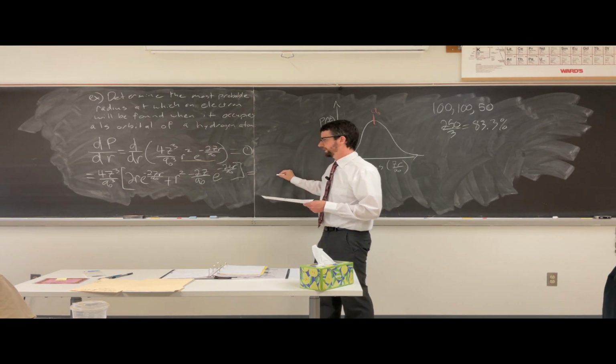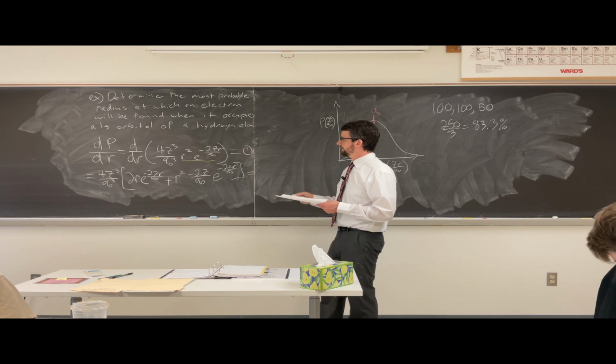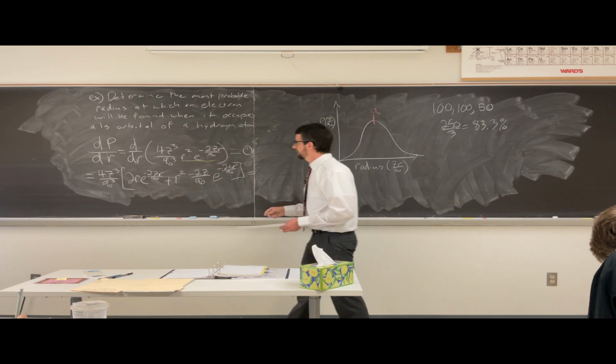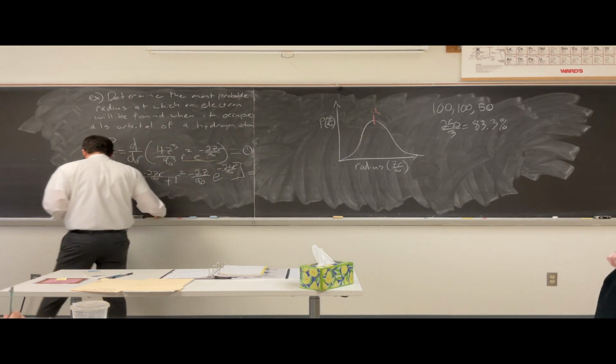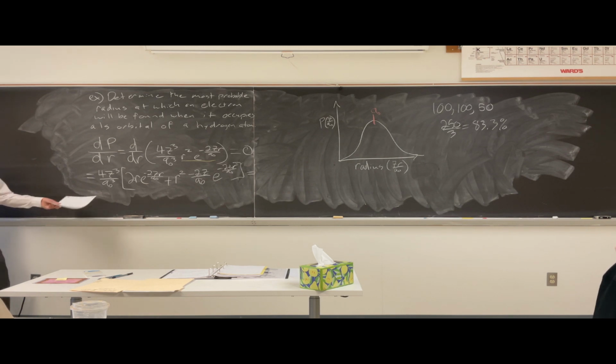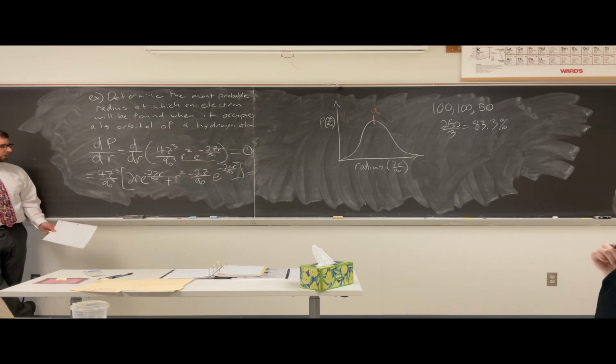What's this all equal to again? Okay. What's something that you see throughout this? See Z? Z will be 1. We'll deal with that later, because we can use this applied to any 1s orbital right now. What are we trying to solve for again?